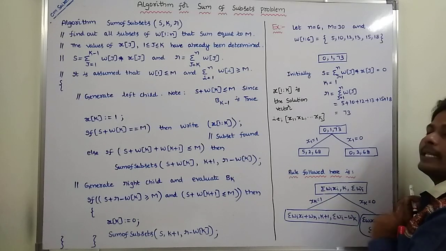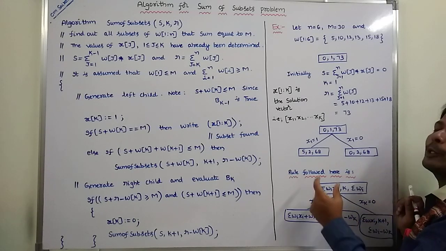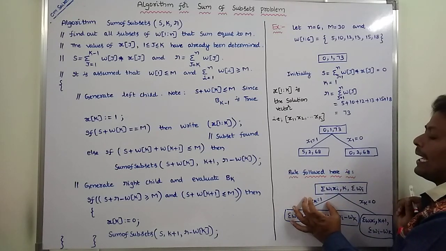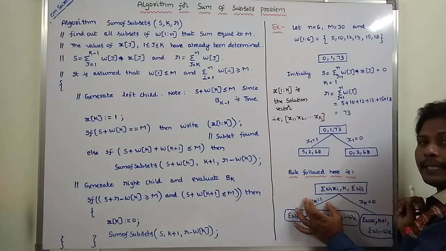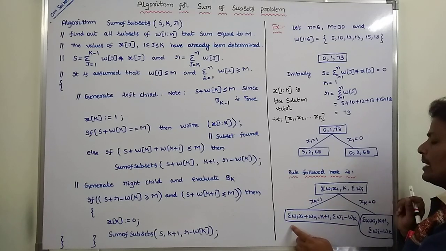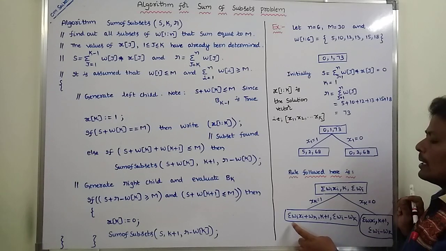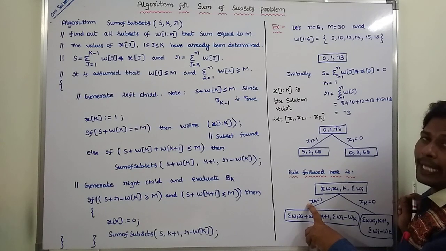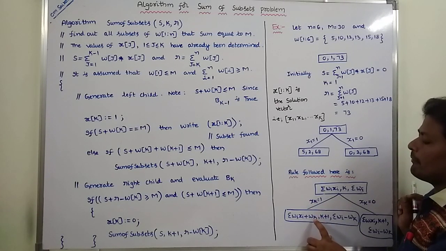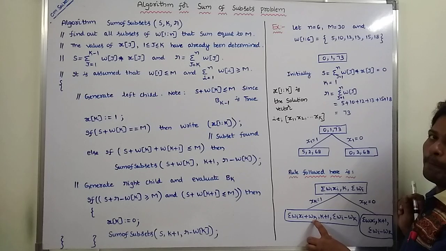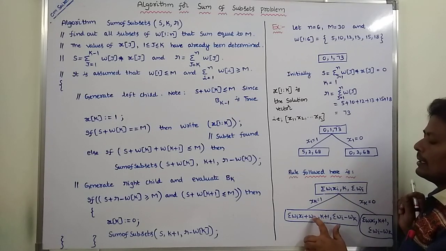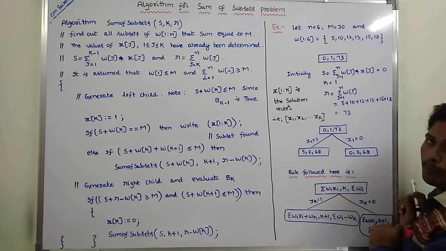X suffix k is equal to 1 means we have to consider the kth object weight. Suppose the kth object weight is considered in the weight vector. So this is the rule we have to follow: sigma wi xi plus the kth object weight, which is w suffix k, because we have to consider the kth object.